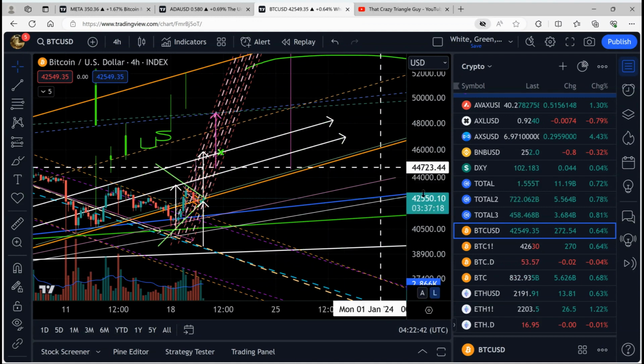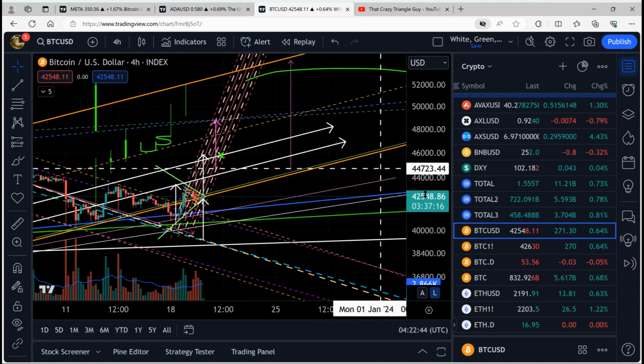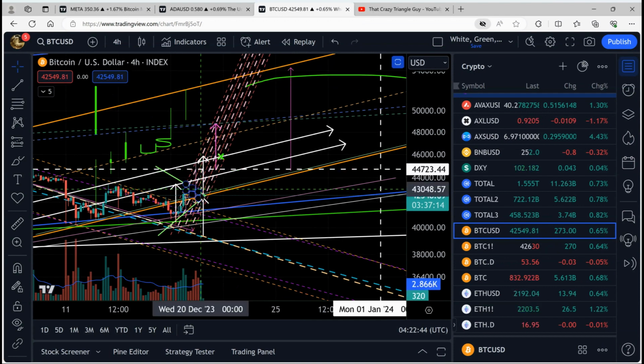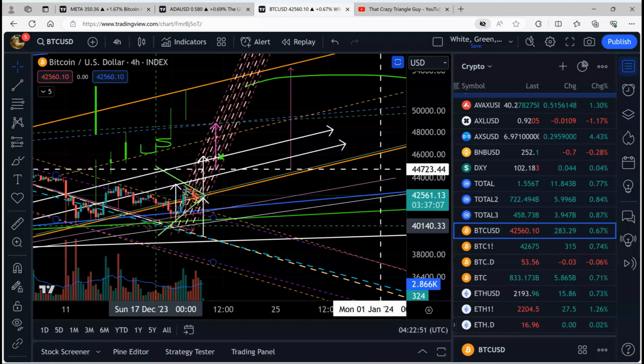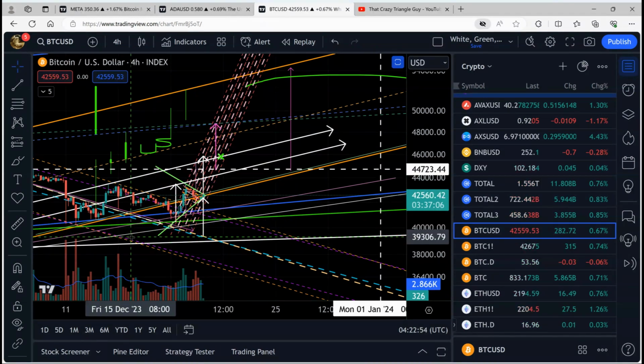Now let's just quickly get this over with. So with the possibility of a breakout to the upside, there's also a possibility of a breakout to the downside. I don't think that's likely to happen, but that would bring us to about 39,300. Now remember to close that gap that we had formed on the CME Futures, I believe we would have had to come down to about 39.6 to close that gap.